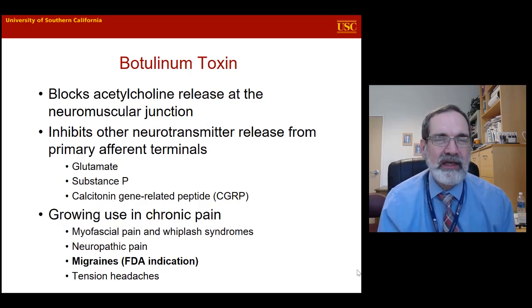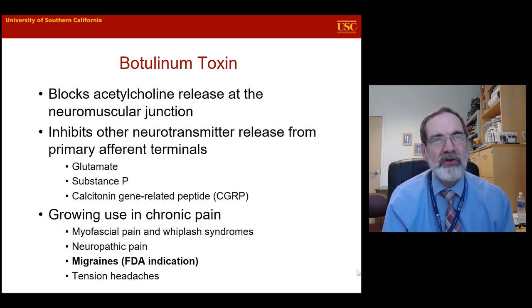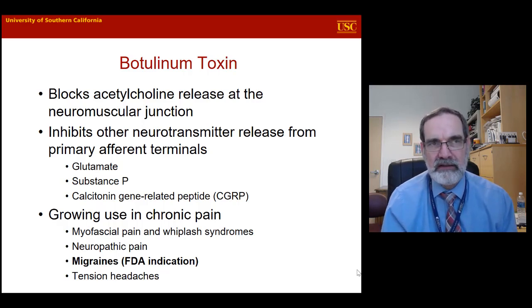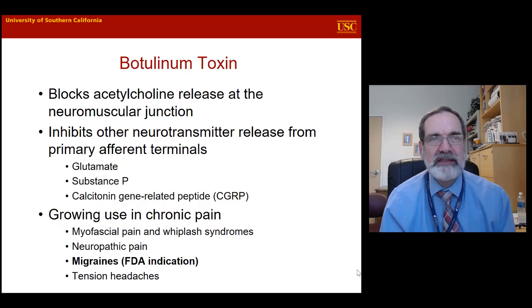So we can, to some extent, block the release of glutamate, substance P, and CGRP, calcitonin gene-related peptide. These are all pain neurotransmitters. So botulinum toxin is developing a lot of use in the treatment of pain, even when muscle tension or spasticity is not necessarily part of the problem.